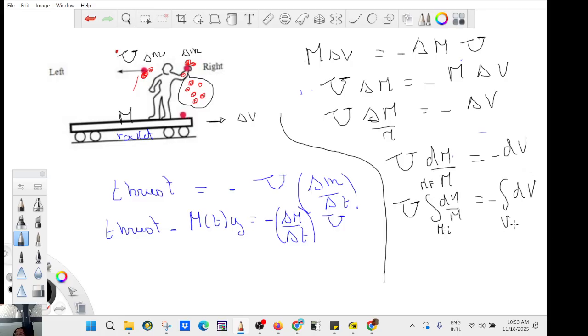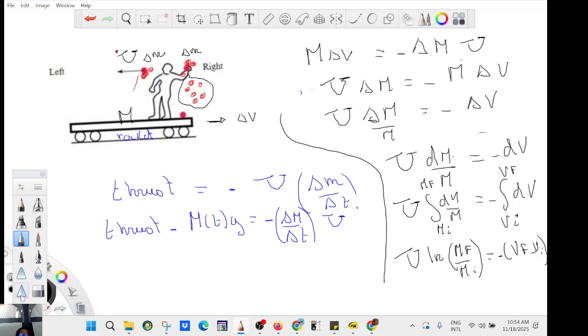And you go from initial speed to final speed because the idea is to push on the exhaust gas. So your speed is going to increase as you lose mass. So if I do that, I have a log. So it's going to be the natural log of final minus initial, divided, equals minus v final minus initial.